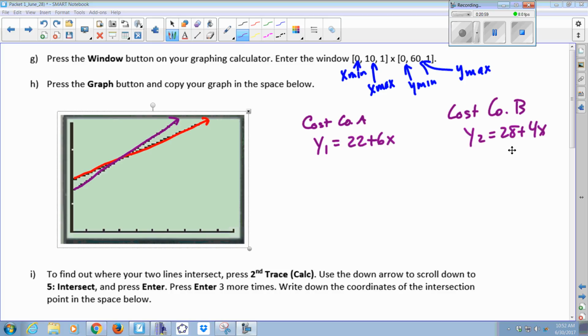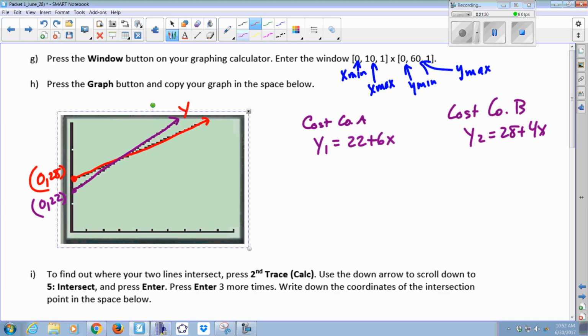So if you look over here, the red line has a y-intercept that would be (0, 28), and the purple line has a y-intercept that would be (0, 22). So this would be an easy way to distinguish between the two. So y1 would be the one that has the lower y-intercept, the lower flat fee or initial cost. So that would be our purple.